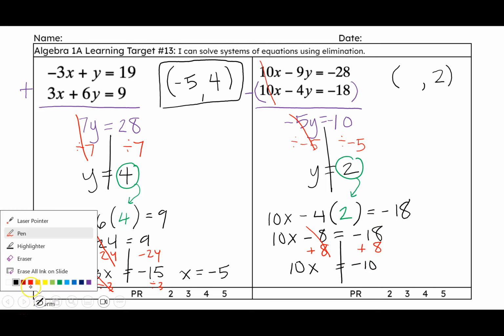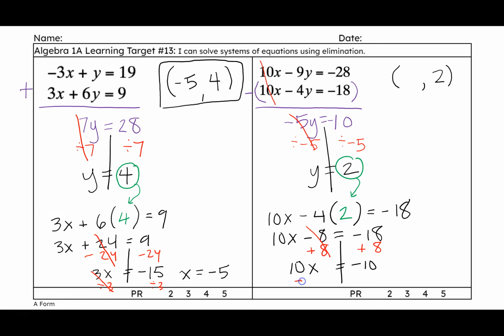All right, last step here. Let's get rid of that times by 10 by dividing by 10. Boom, gone. What is x equal to? Negative 10 divided by 10 is negative 1. All right, I got my second part. That's negative 1 for x and 2 for y.